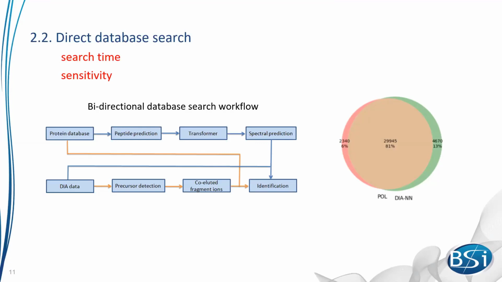Here I show the result compared to DIA-NN, with PICS direct database search using semi-tryptic search. But DIA-NN at this moment only supports the full tryptic search. So we restricted PICS to the same tryptic search, and you can see the overlap is very good, and PICS and DIA-NN get very similar results.